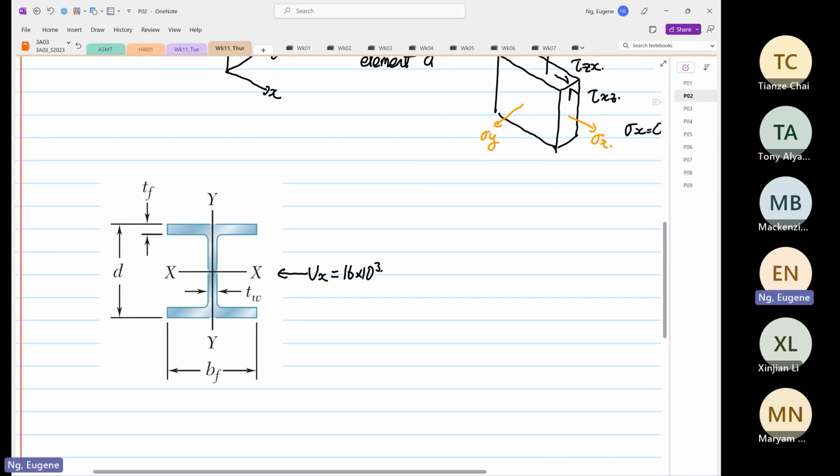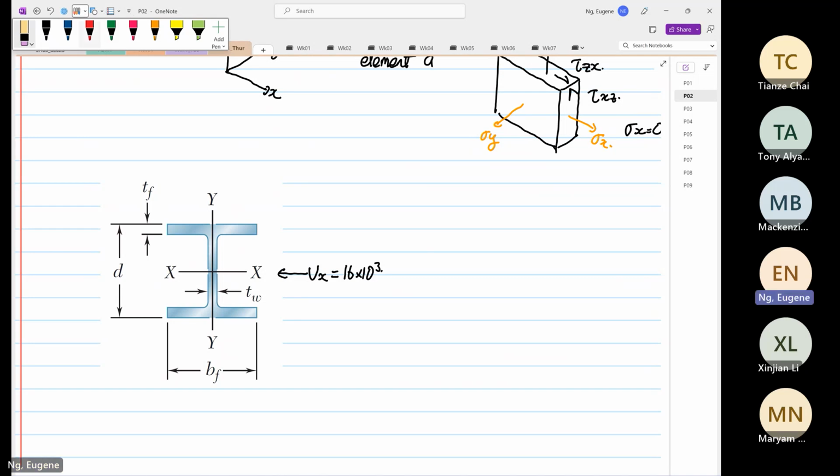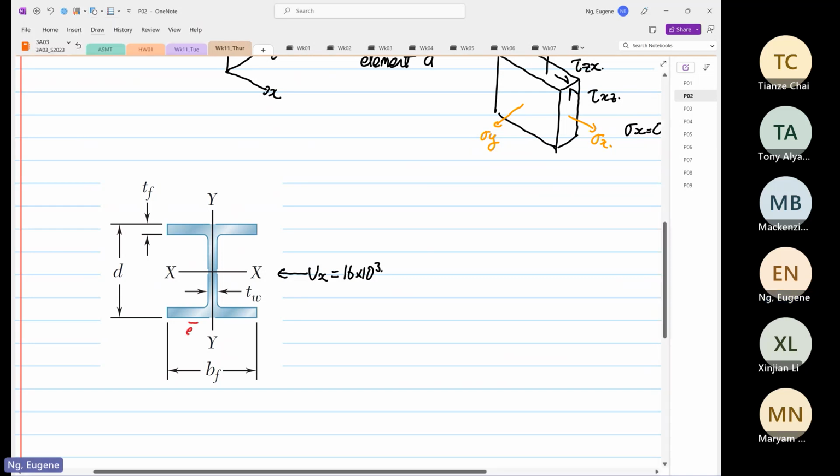This is where our element A is, and then the shear flow goes this way.